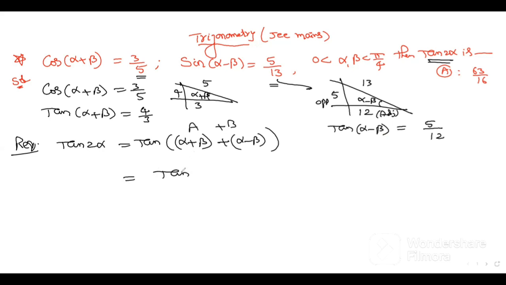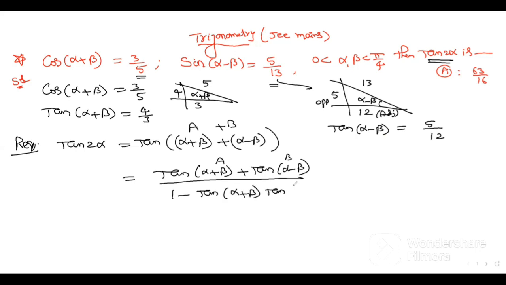Okay, we have tan(A plus B) equals tan A plus tan B by 1 minus tan A tan B. Here A place and write alpha plus beta, here B place and write alpha minus beta.